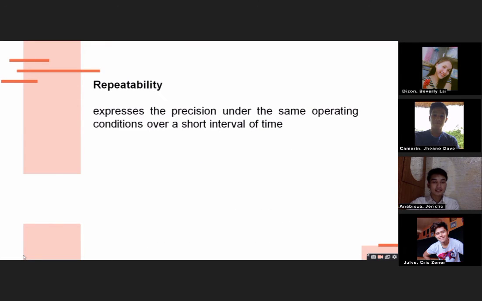So now let's move to repeatability. Repeatability expresses the precision under the same operating condition over a short interval of time. Repeatability is also termed intra-assay precision.